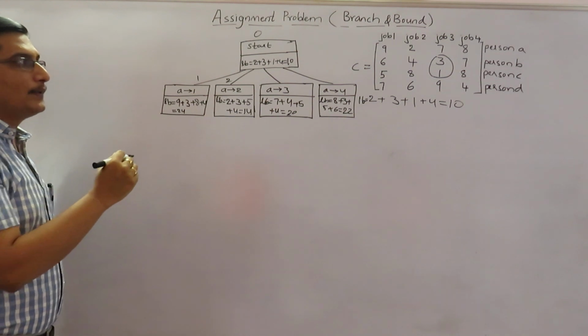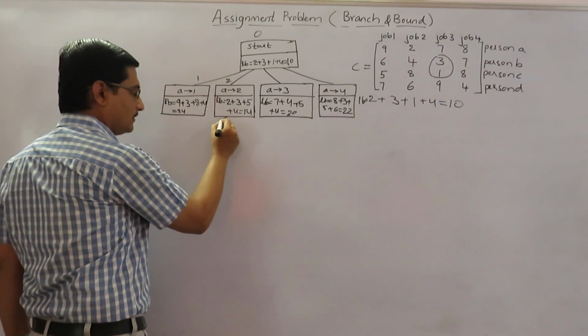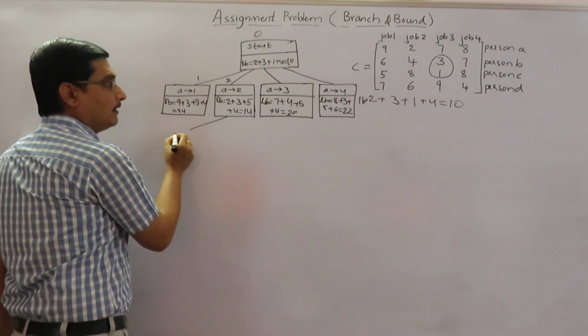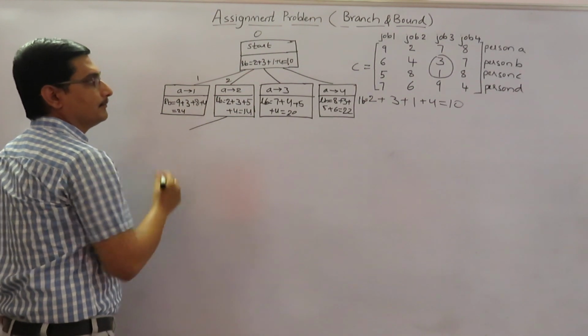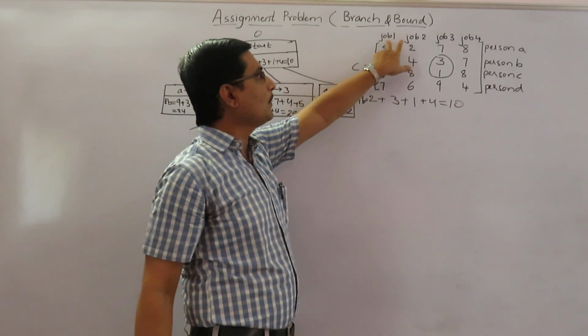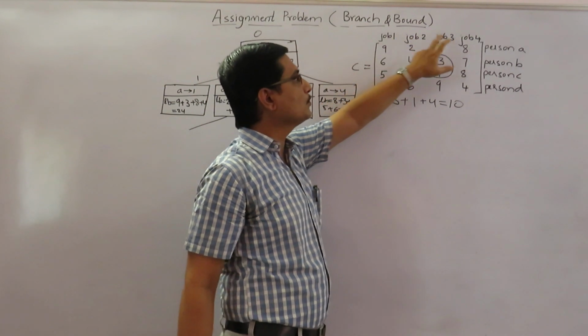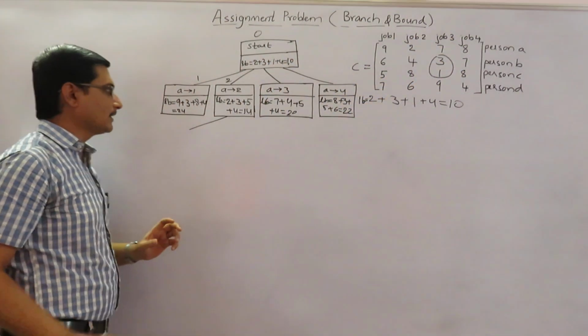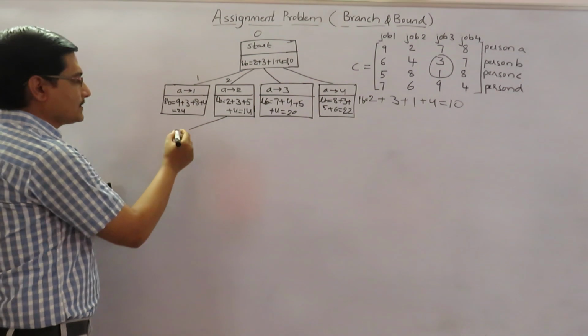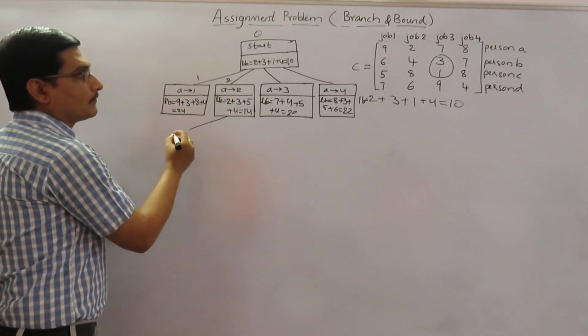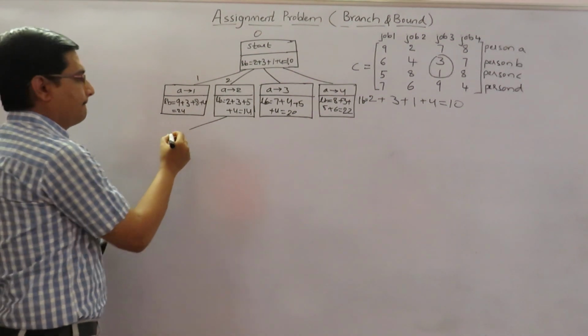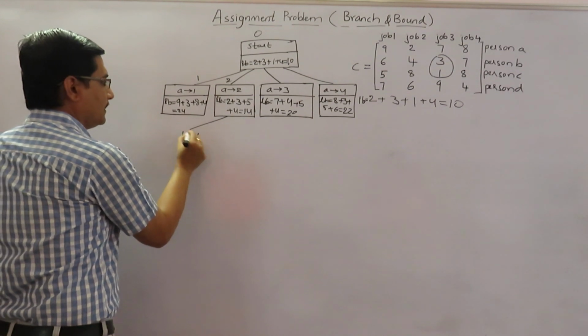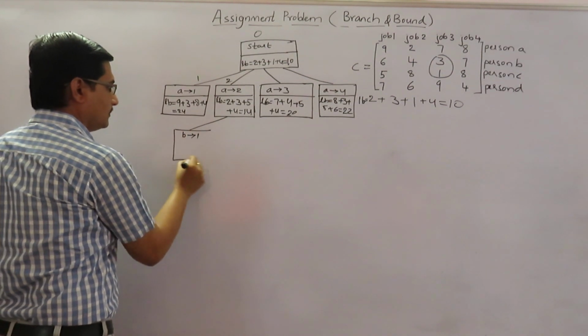Now we can think of assigning the next person a job. If job 2 is over, job 1, job 3 and job 4 are available for us. If we assign job 1 to person B, what will be the cost?